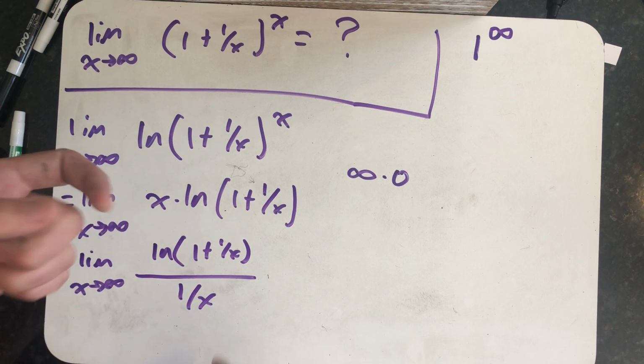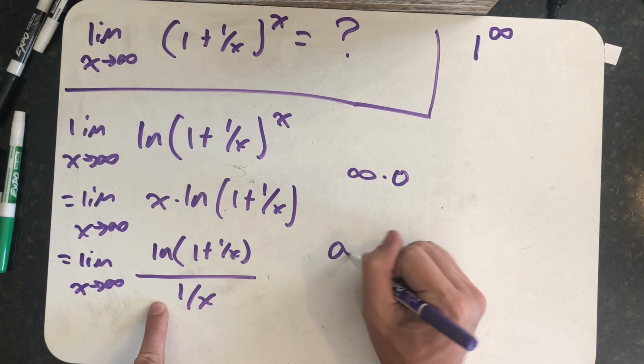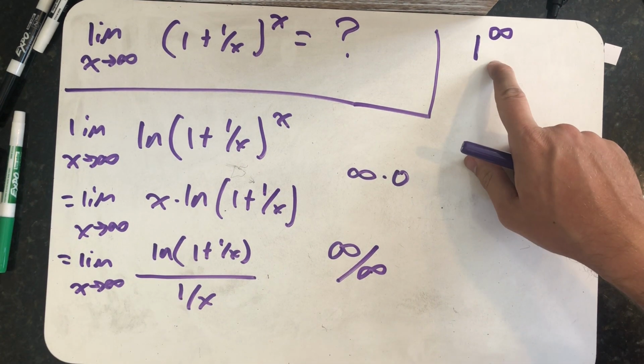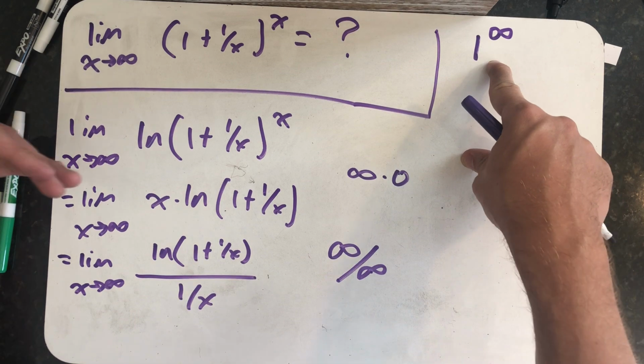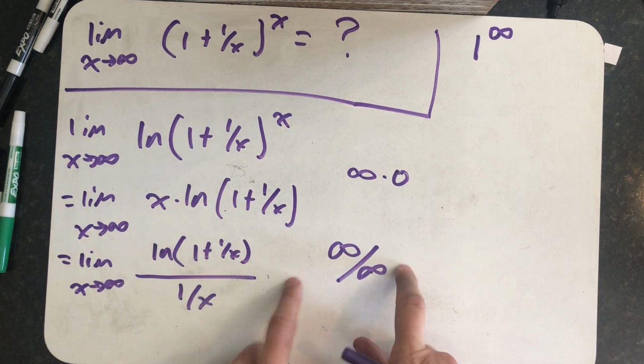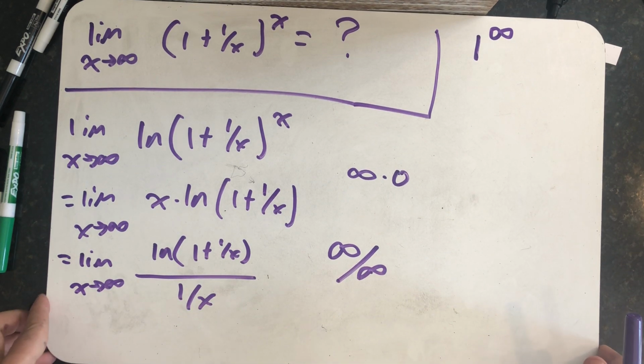Because multiplying by x is the same thing as dividing by 1 over x, and now I have an infinity over infinity. What started off as a 1 to the infinity, we rewrote as a separate problem in the format infinity times 0, and now we've made that into an infinity over infinity, which I can apply L'Hopital's rule to.